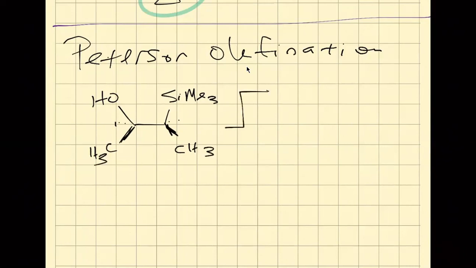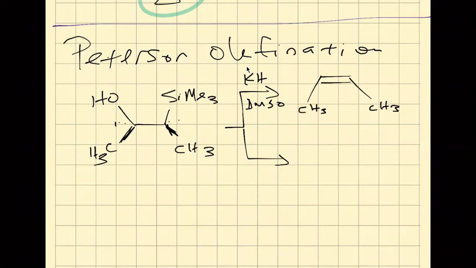And then depending on whether I do this under basic conditions or acidic conditions, is going to, again, determine the stereochemistry of the alkene. So if I treat this with potassium hydride and do it in DMSO as the solvent, right, what you would expect is exactly what happens. Under basic conditions, you get a cis alkene, right?